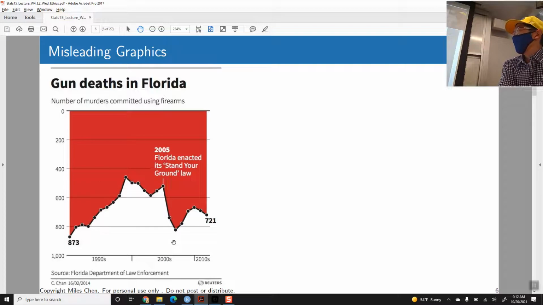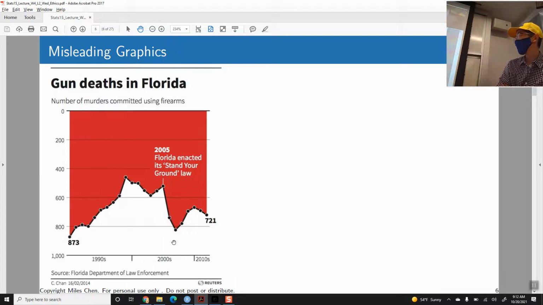Okay, so here are some examples of perhaps ethical violations. There's a few different categories where ethical violations can exist as it pertains to data, and one is producing misleading graphics, okay?